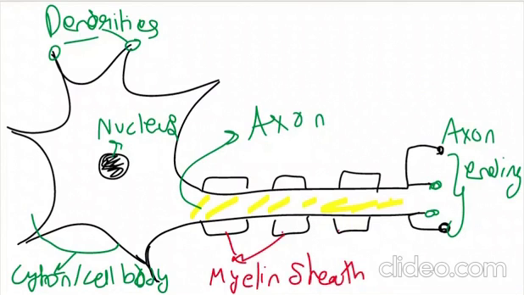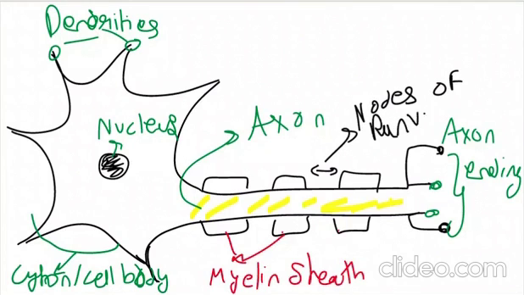Now there's one more part. The space between two myelin sheaths is known as the nodes of Ranvier.